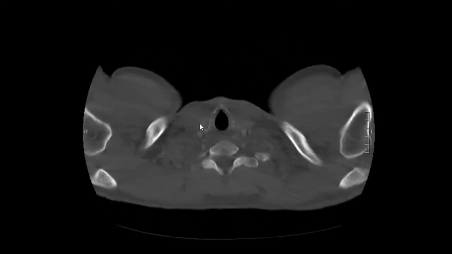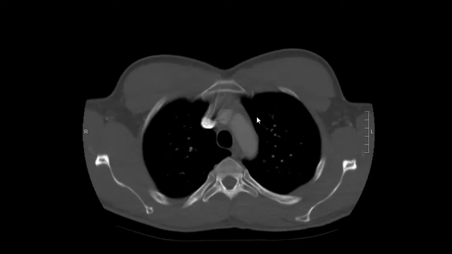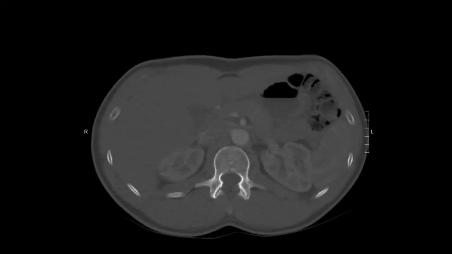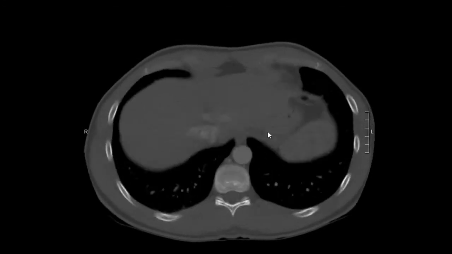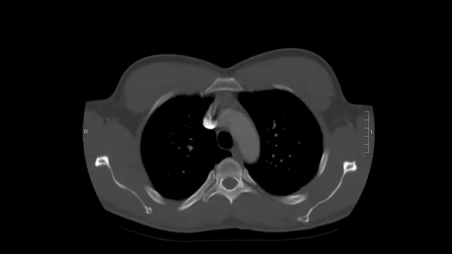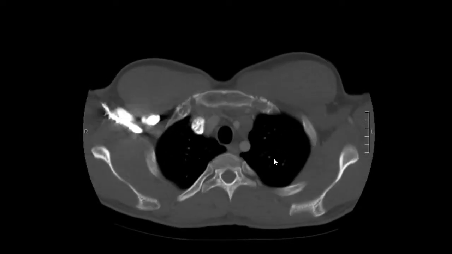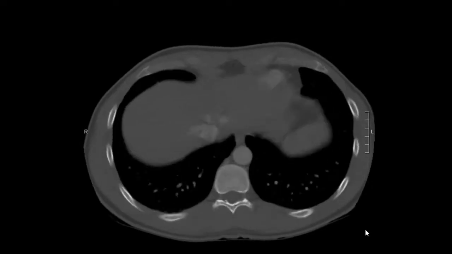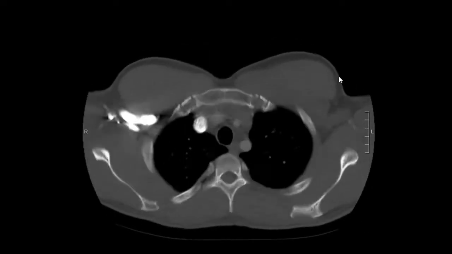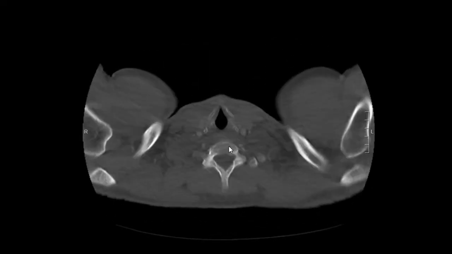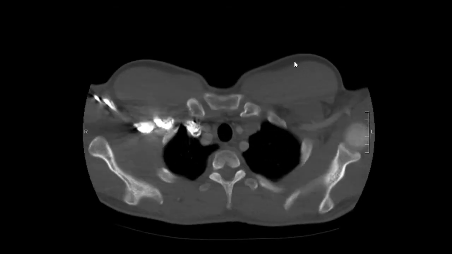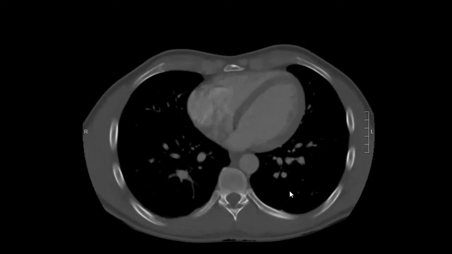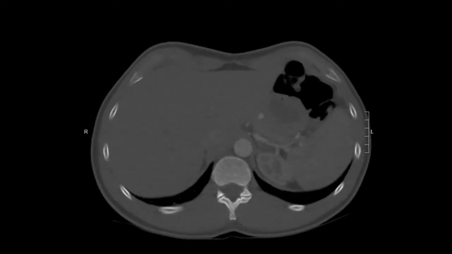Then I'm going to look at the ribs on the right side anteriorly, similar to looking at the lungs, and then the right side posteriorly coming up, and then the left side anteriorly, and the left side posteriorly, and lastly we're going to look at the vertebral column. And nothing sticks out so far, everything looks pretty normal.